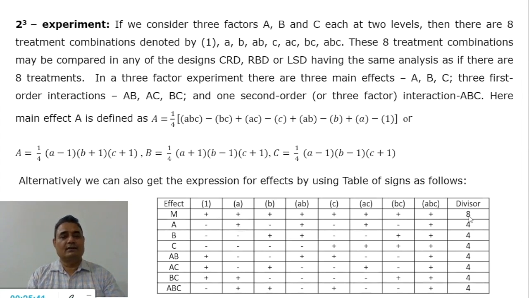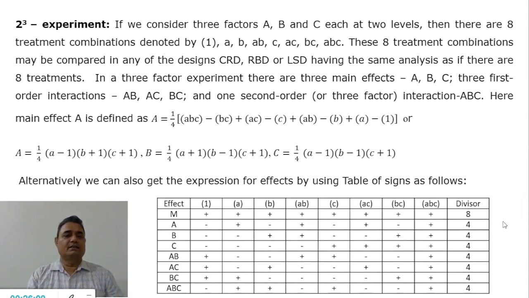If you want to estimate the A effect, then minus 1 plus A minus B plus AB minus C plus AC minus BC plus ABC, divided by 4, you can find out the value of A, and its square divided by 4R will give you the sum of squares due to this effect.